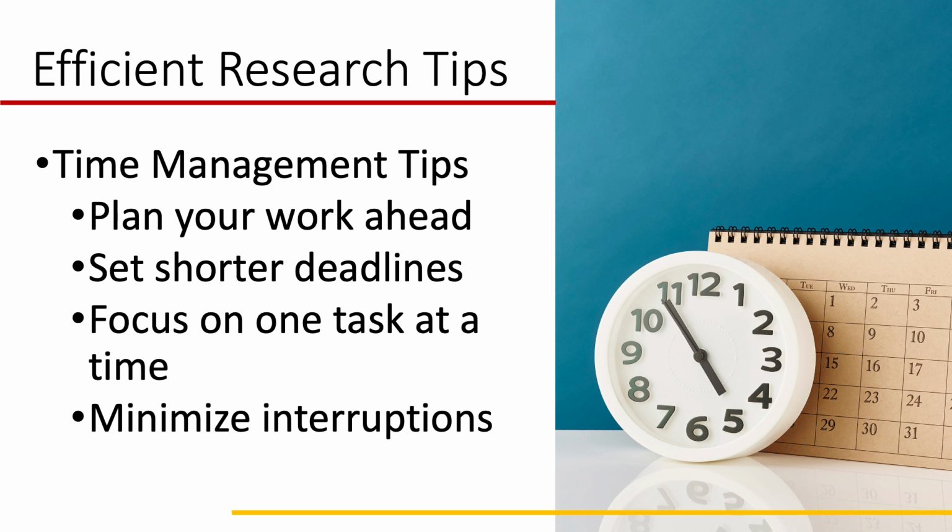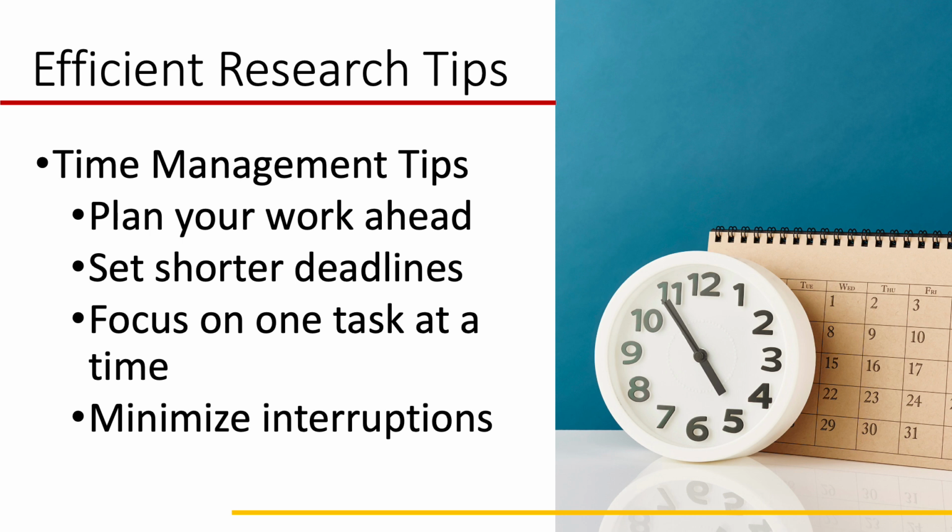And this goes to the next point, minimize interruptions. Something that I've been trying to do is shutting off notifications. For example, shutting off my notification about email, silencing my phone so if a text comes in, I'm not hearing it, and shifting my focus to my phone.